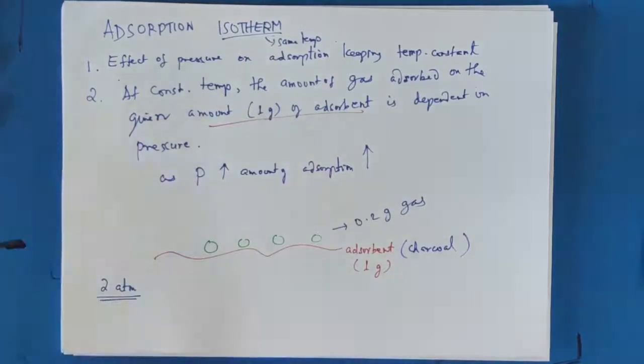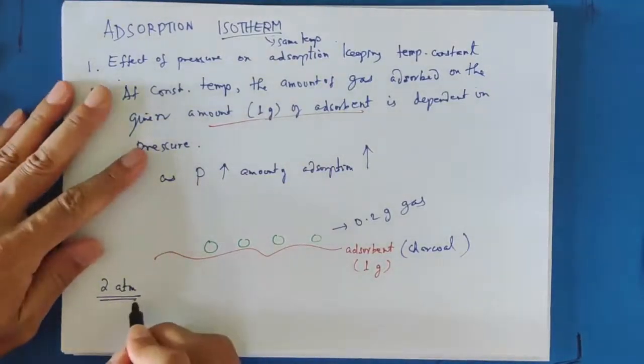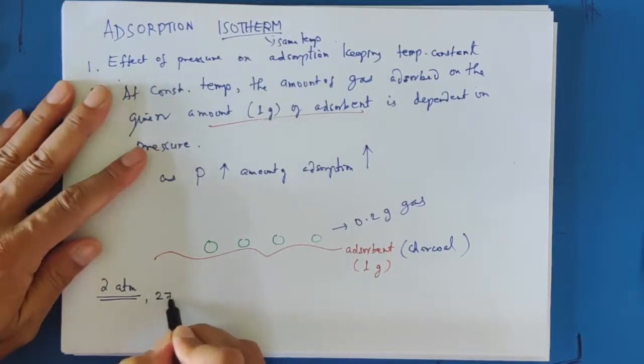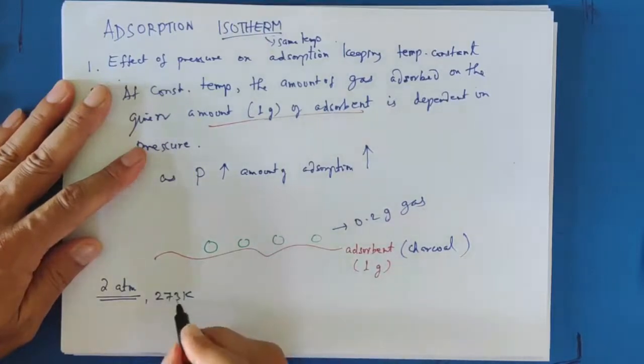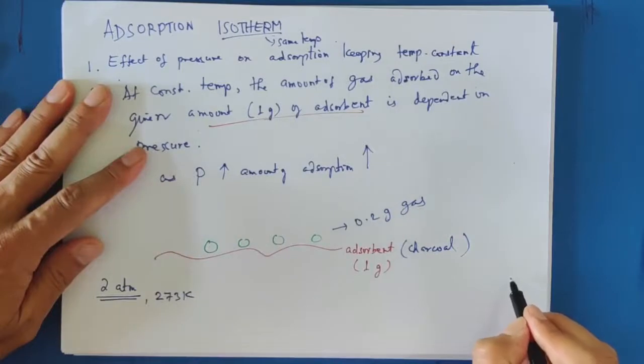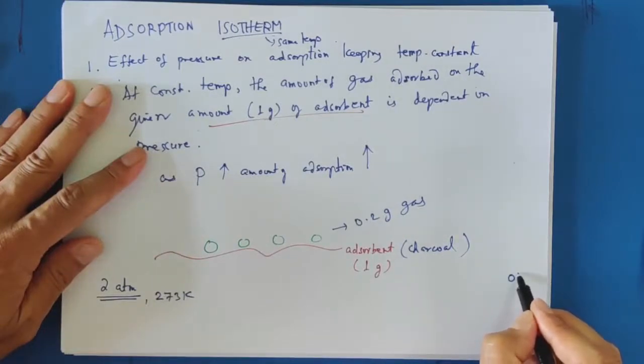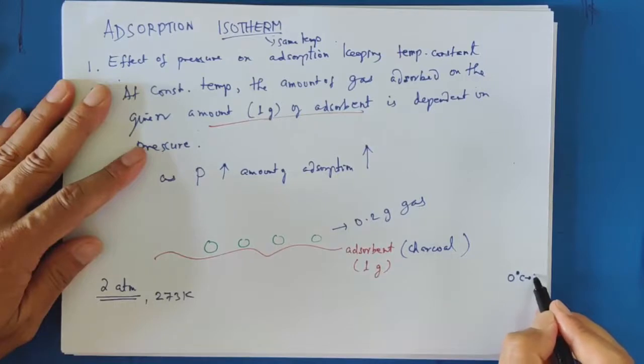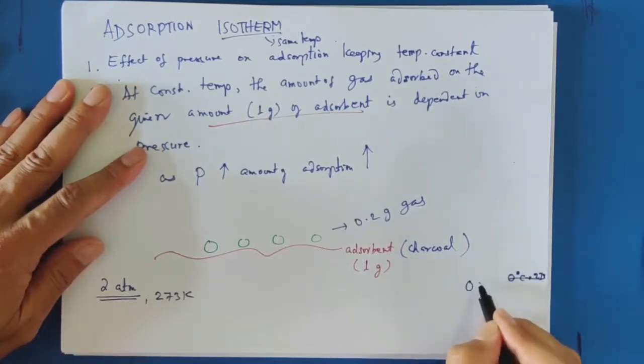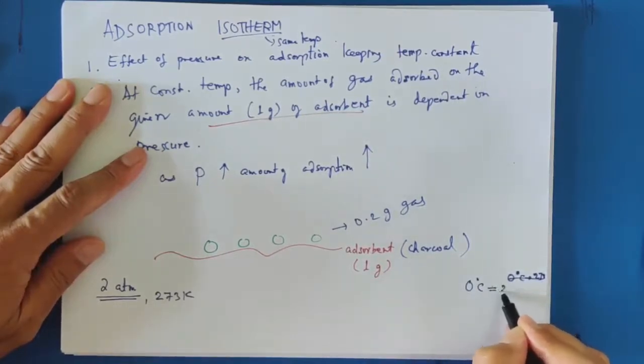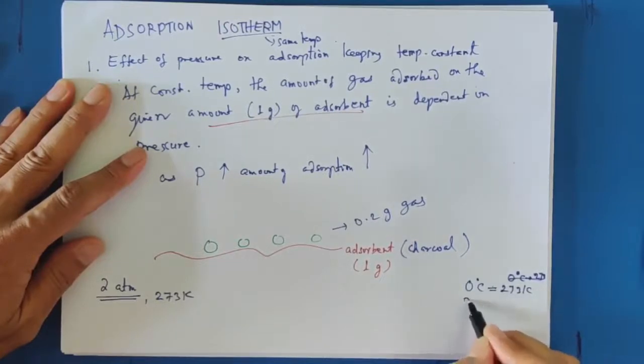Let's say 2 atmosphere at constant temperature, say 273 Kelvin, which is 0 degree centigrade. 0 degree centigrade is equal to 273 Kelvin. 25 degrees centigrade is equal to 298 Kelvin. 27 degrees centigrade, 300 Kelvin.